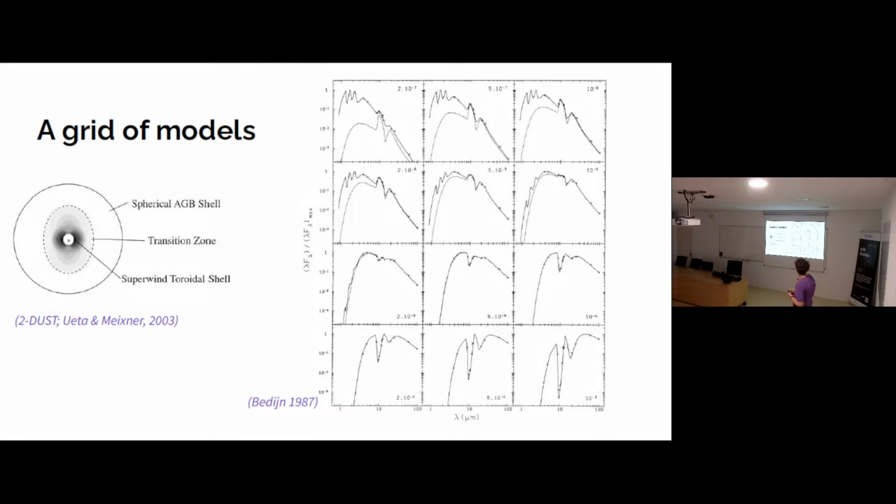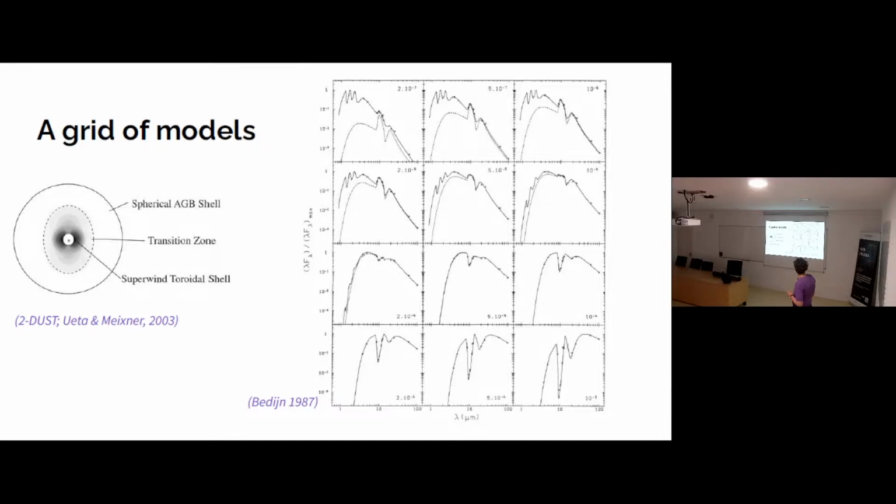Okay, so for the purpose of the SAGE survey, what we did was we calculated a grid of models. Here on the right-hand side, there is an example of a grid of models. This is not the grid that we calculated, but I couldn't find a nice overview picture of the grid that we calculated. But this is an example of what we might have done.